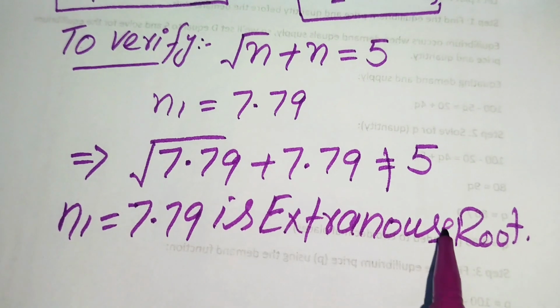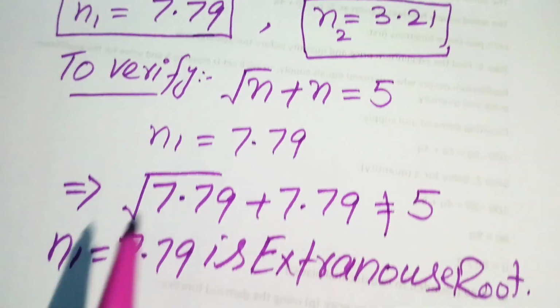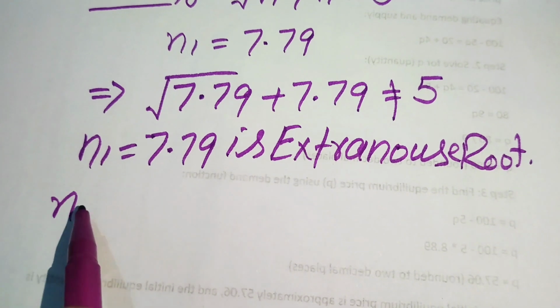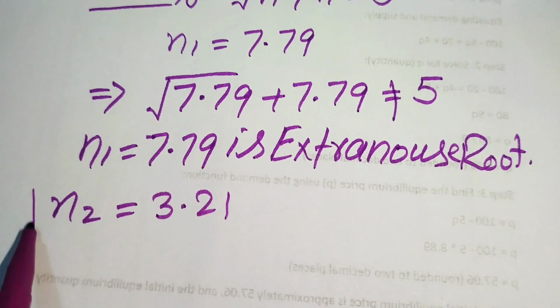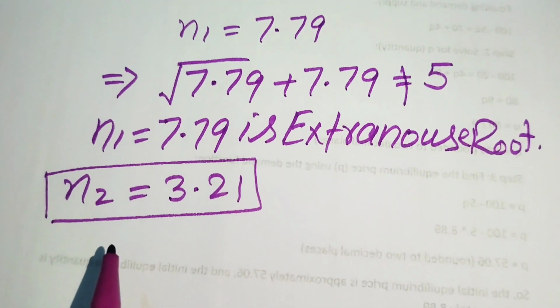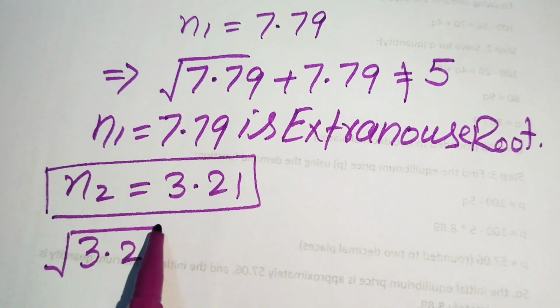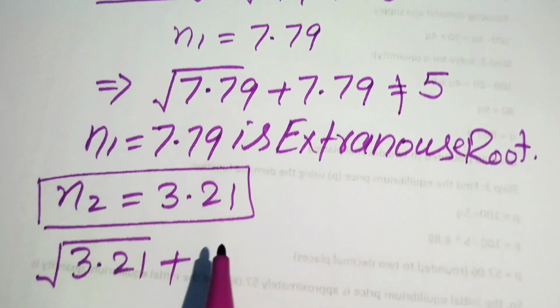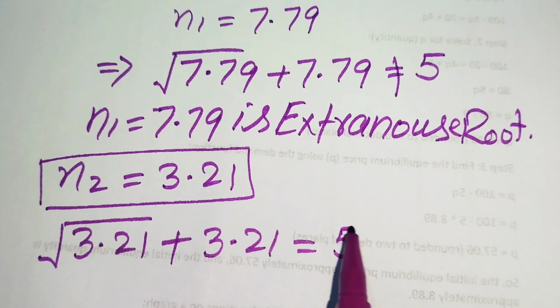And now we check the second solution, and our second solution is n2 equals to 3.21. So now we substitute n2 equals to 3.21 in this given equation, and we check that it is square root of 3.21 plus 3.21 equals to 5.